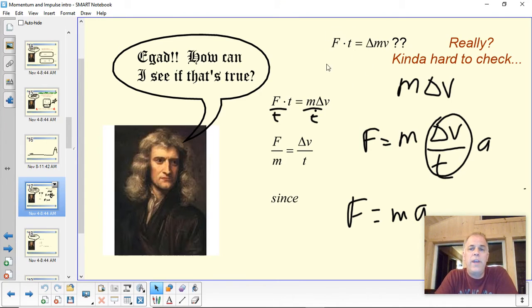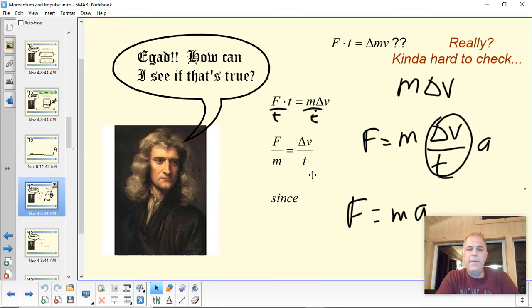So this equation, F times t equals delta mv, force times time equals a change in momentum, is pretty profound, and that's a huge discovery. The problem with it is that it's hard to check. It's hard to do experiments where you can check all these things with precision.